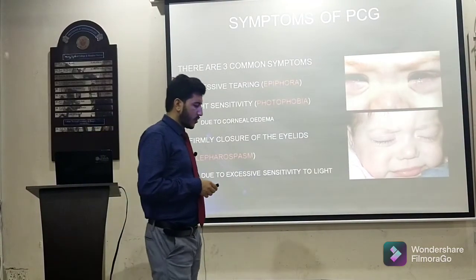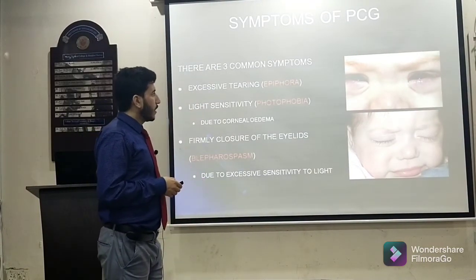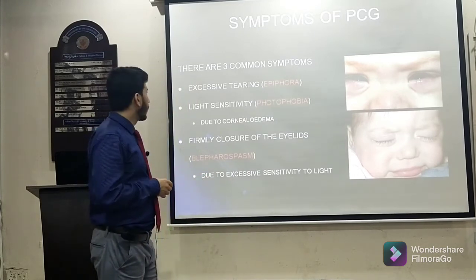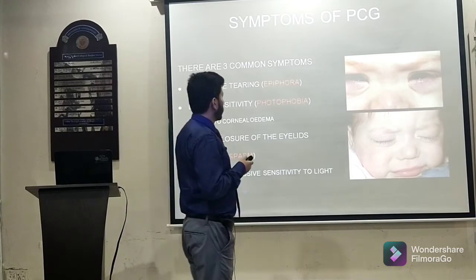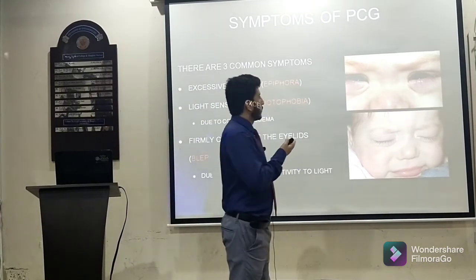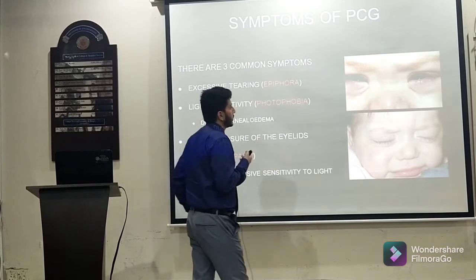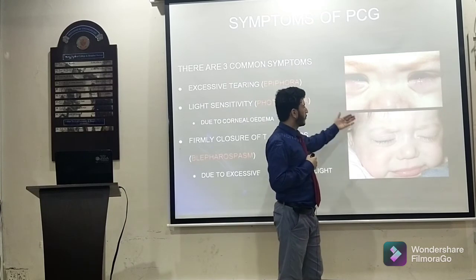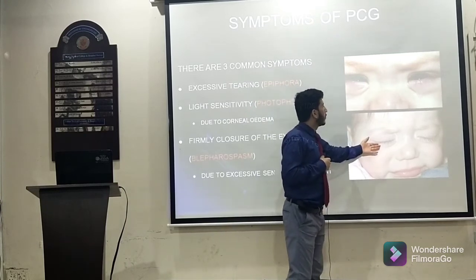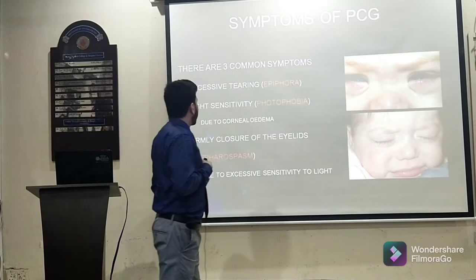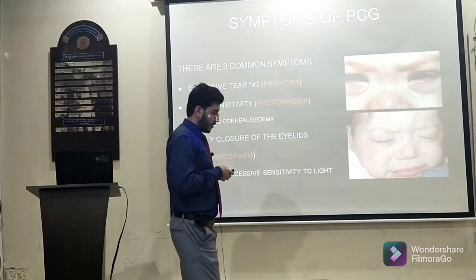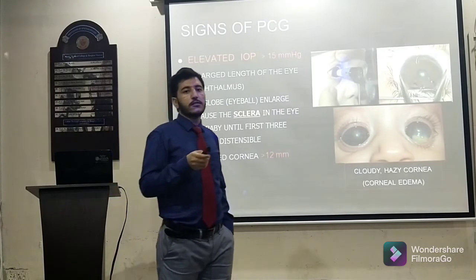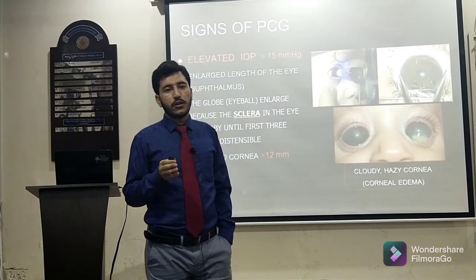Symptoms of primary closer glaucoma. Normally the IOP will not be raised in primary closer glaucoma. There are 3 common symptoms that the mother will report: tearing or epiphora, blepharospasm, and photophobia.